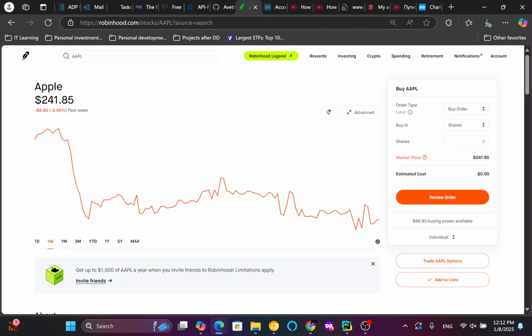Let's take Apple stock for a week. We can see here that there was a rather drastic decrease from 242.50 to 241.96 at the end. This means that there was some kind of factor, because simultaneously at 9 a.m. in New York, this is Pacific time because I'm located in Pacific and Robinhood shows it on my timeline.